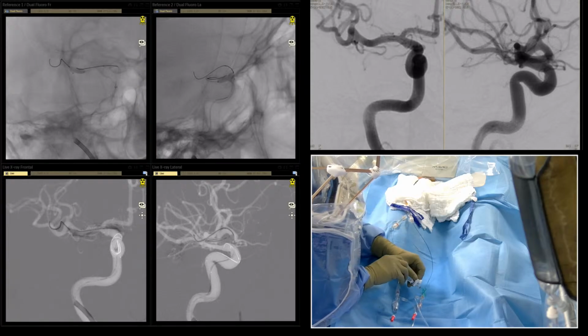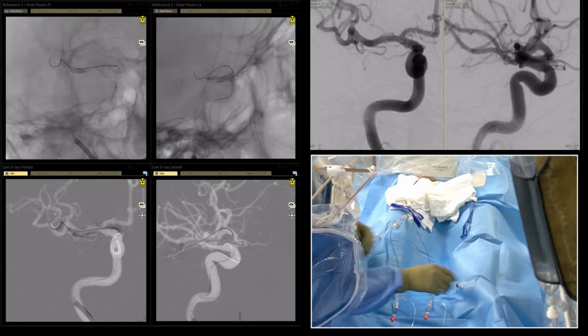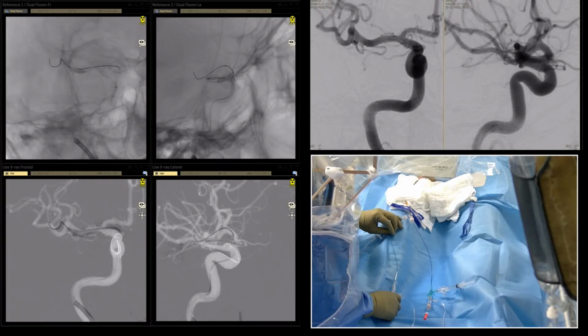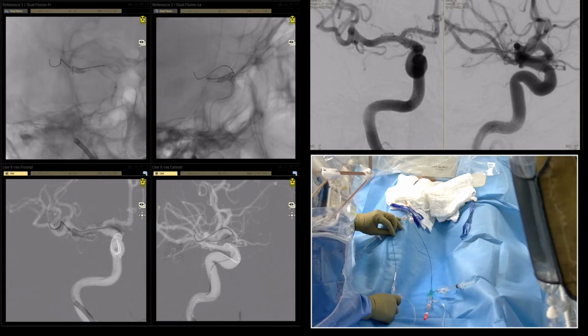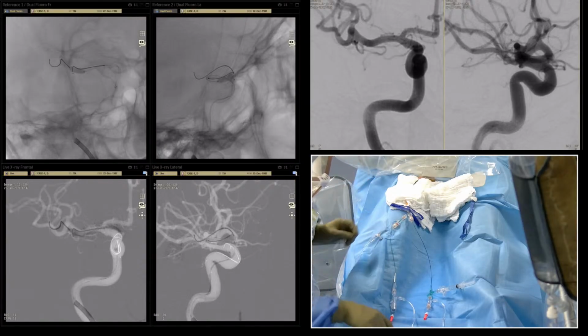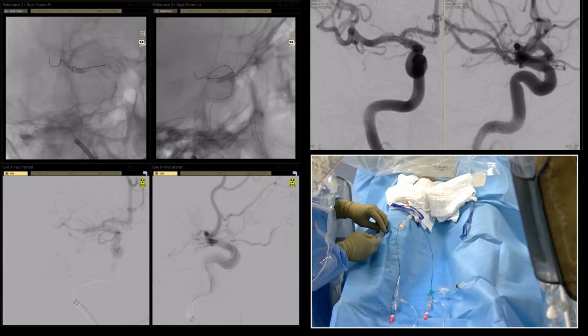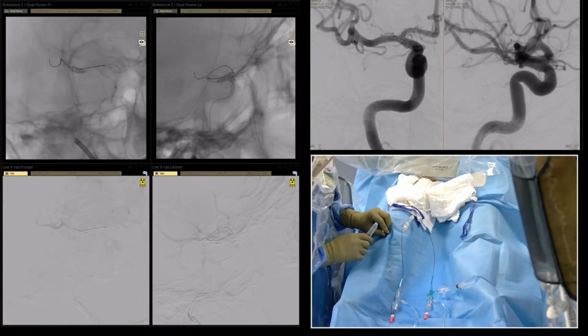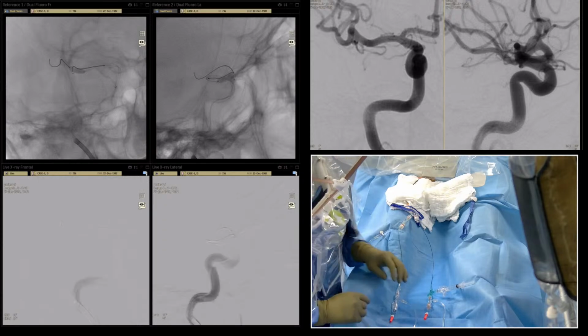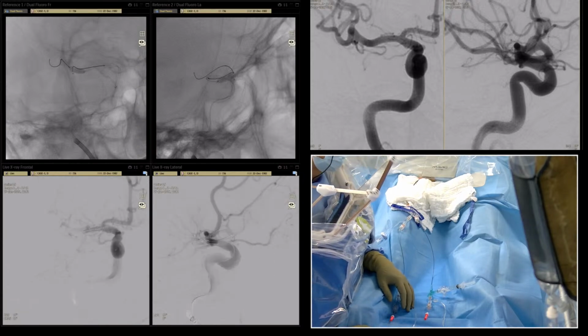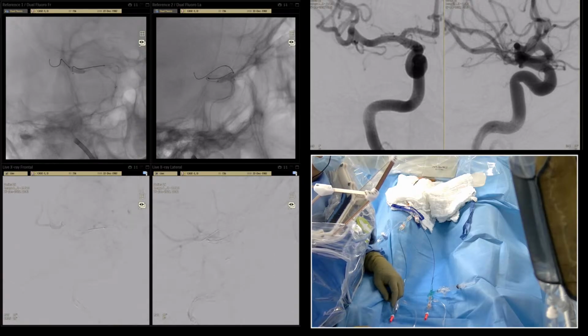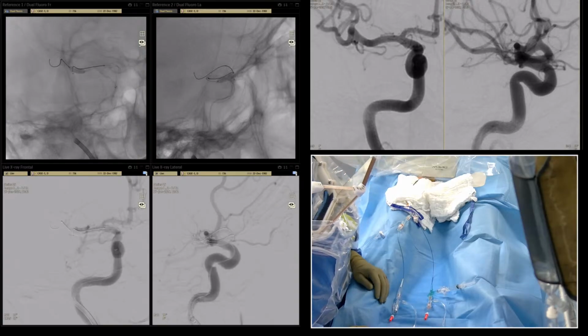Too much movement. Okay, I think everything has changed, no? Let's see where we are. Okay, it's not bleeding. We can start coiling.